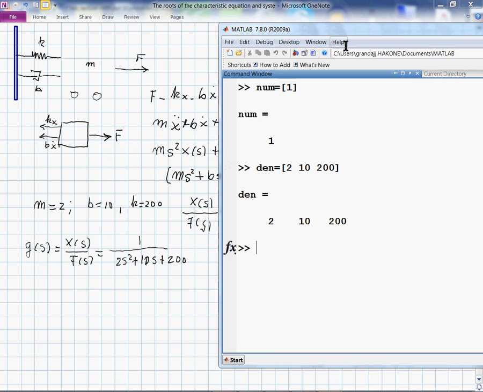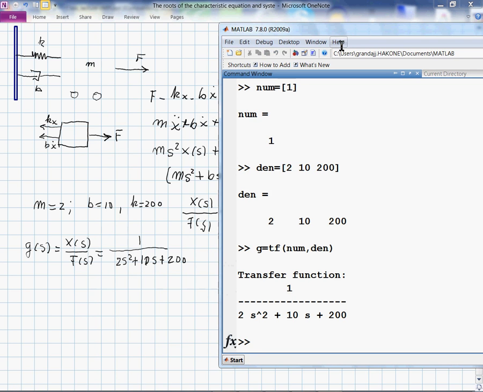So we enter this as a denominator with the polynomial coefficients, enter the numerator and the denominator, and we get the transfer function, just as it is here.